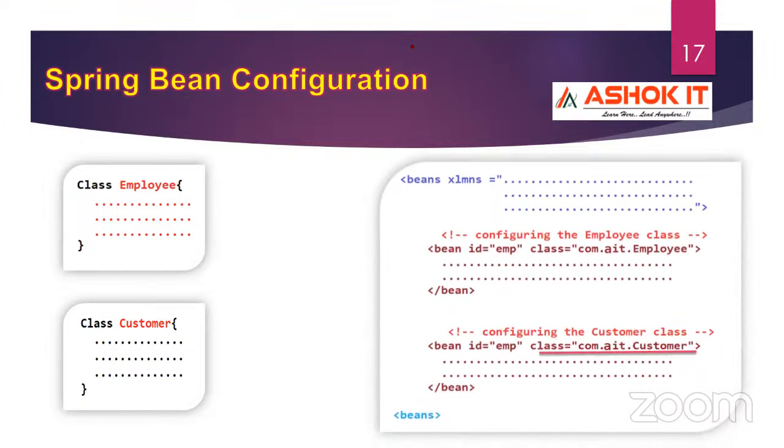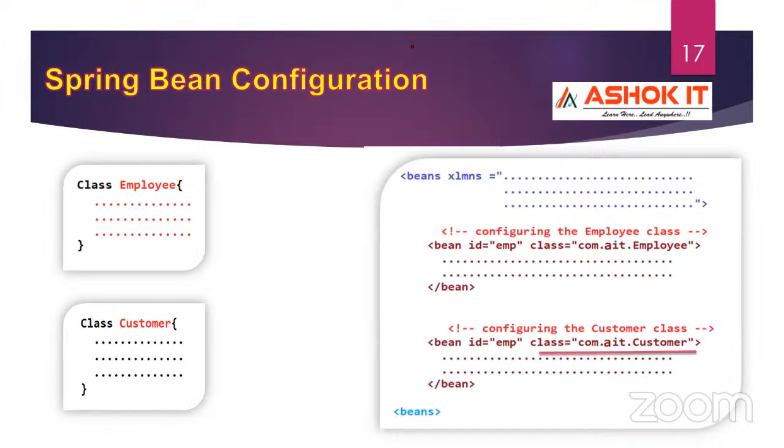Now, I am marking these two classes, defining them as part of the Spring configuration file as Spring Bean definitions. How to represent a Java class as a Spring Bean? By using the bean tag.